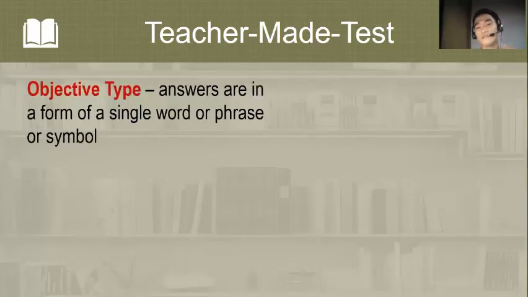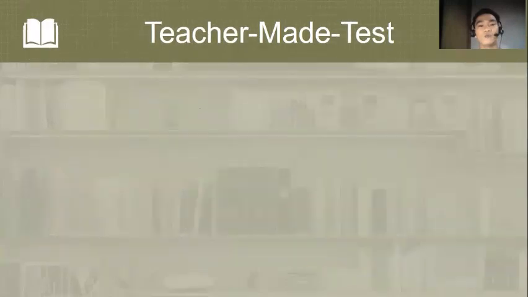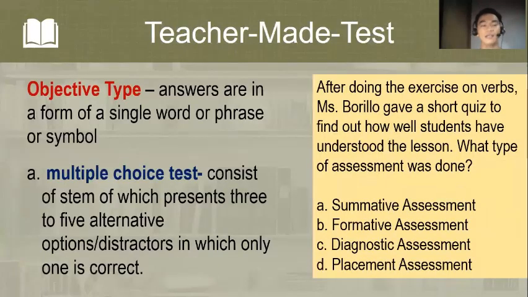Number one, we have the objective type of test, and the second one is what we call the subjective type of test. Take note, we have the objective type of test, and then we have the subjective type of test.